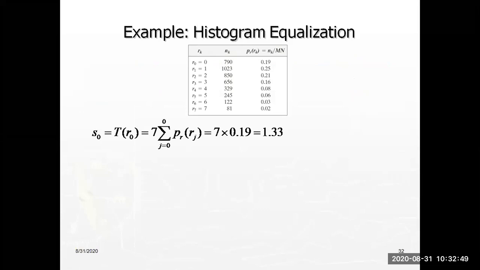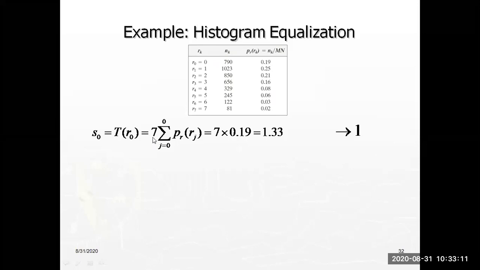Tell me first. The first one. So S0 is equal to R0. Let us consider R0 as the input and S0 as the output. So what is S0? Simply T of R0. What is my formula? L minus 1. What is L? 8 levels.